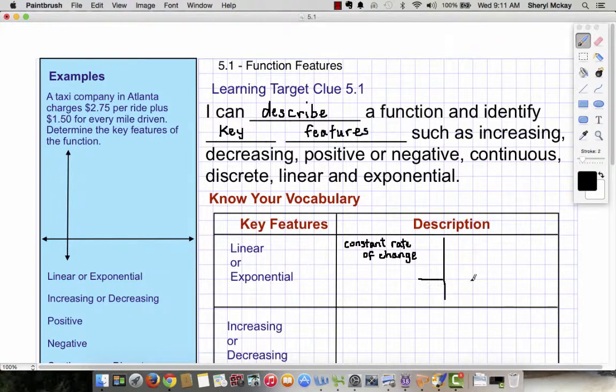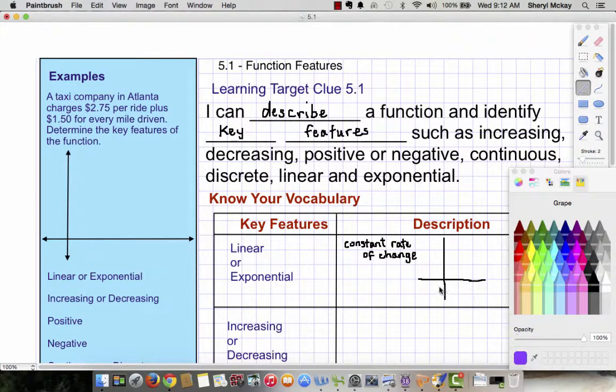If you graphed it, it would make a straight line with a slope. So that's a linear function.